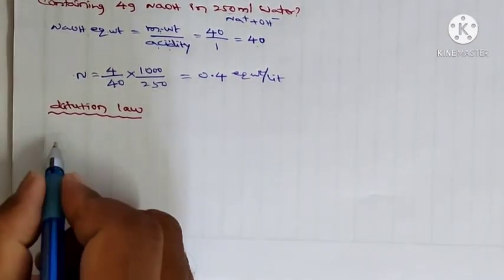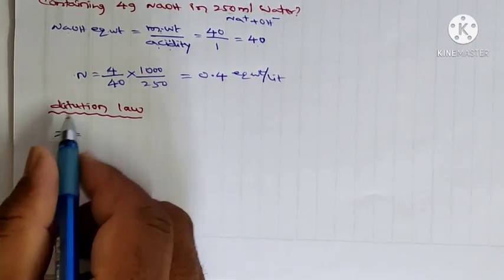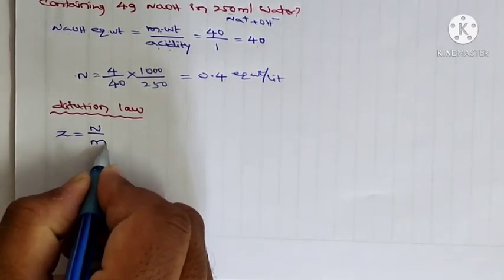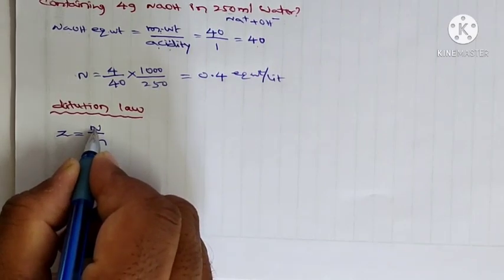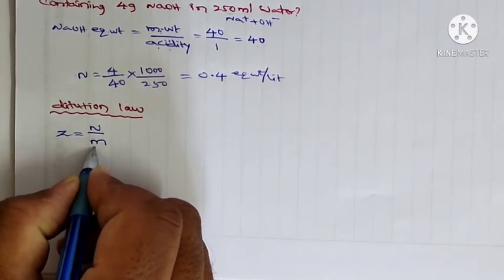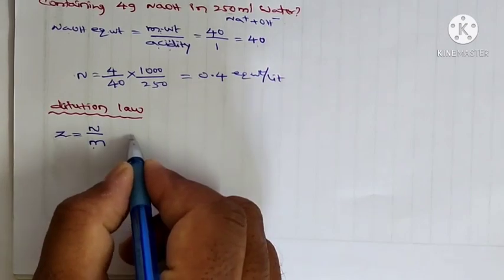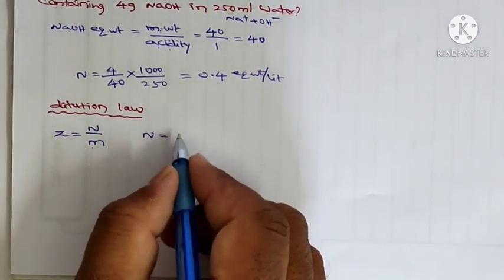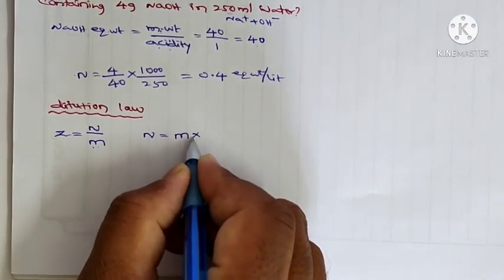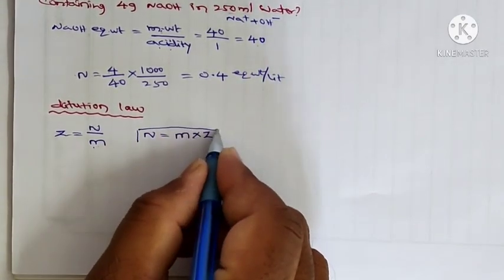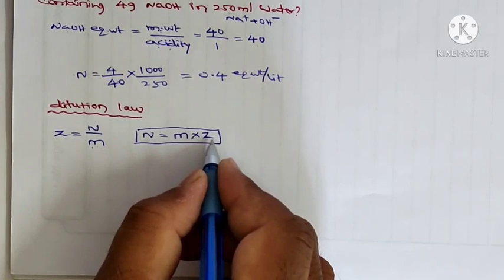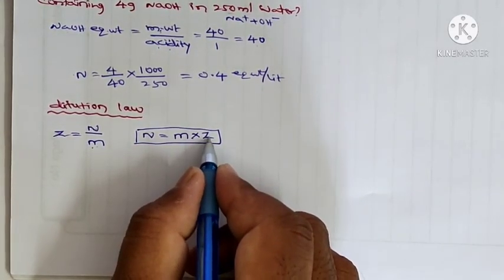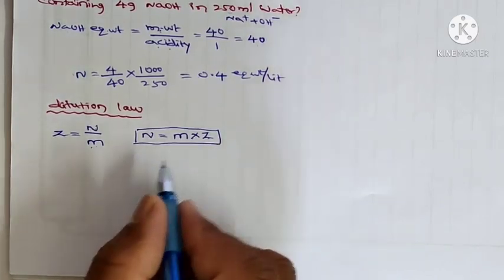Next, the dilution law. Z is equal to normality by molarity, capital N by capital M. So we can get normality N is equal to capital M into Z. Here Z is equal to the number of equivalents of substance.